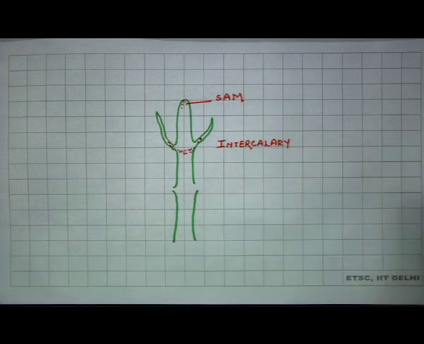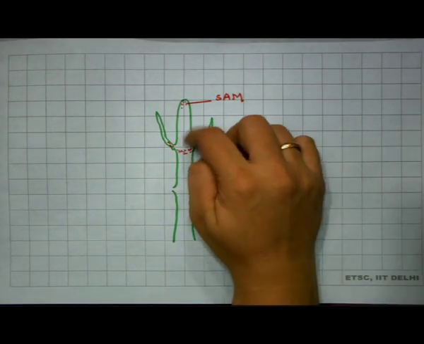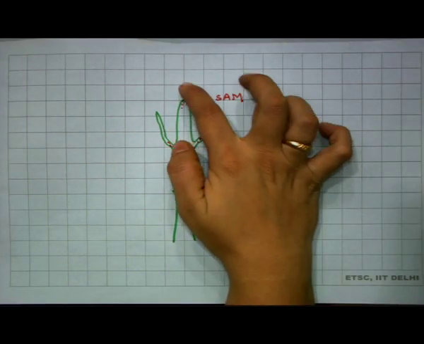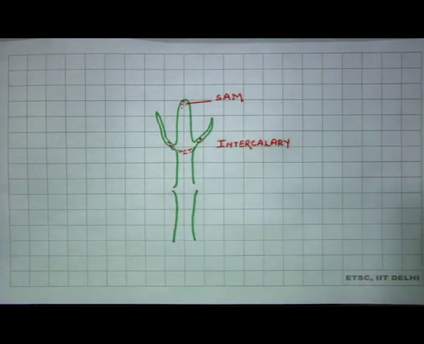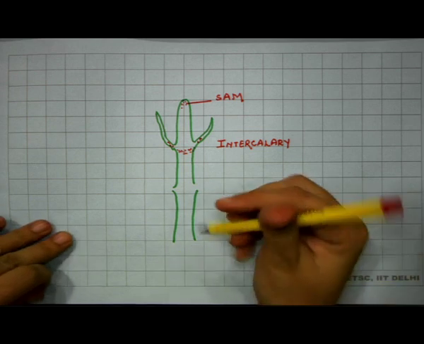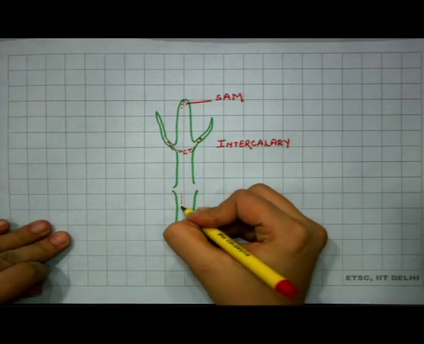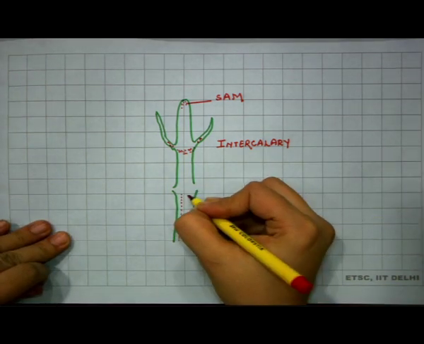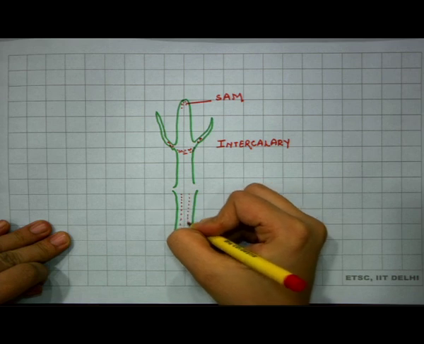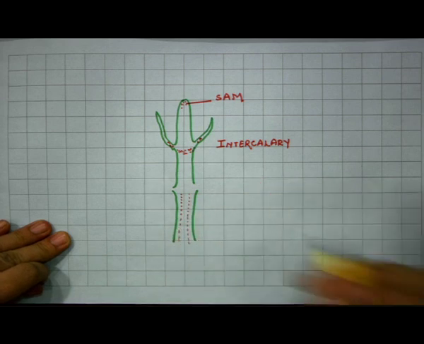These two types of meristems, they divide to produce increase in height of the plant body, while there is another meristem that develops later in the life of the plant, and it is in parallel to the long axis of the plant body.